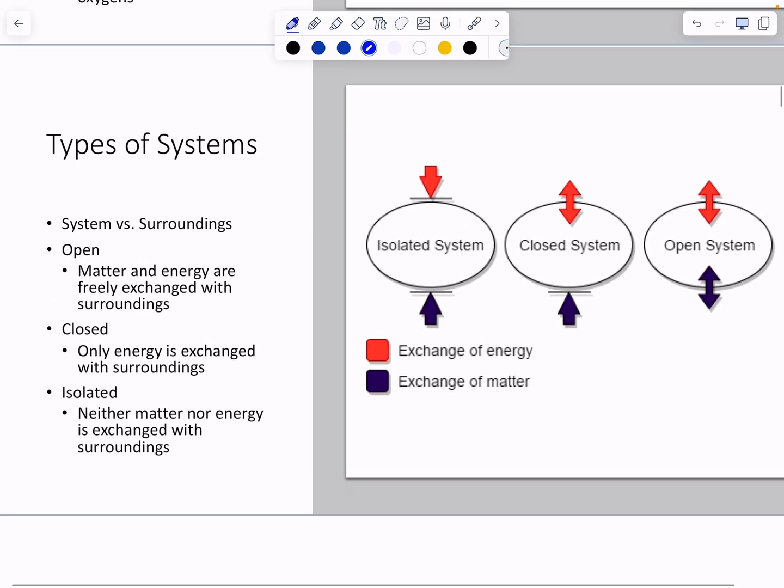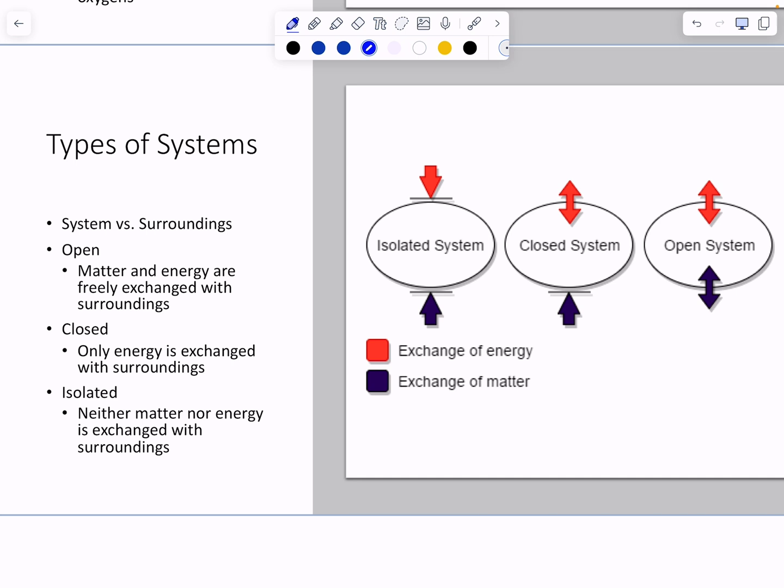So whenever we talk about energetics in a physical chemical context, we have to define what we're talking about. If we want to talk about is energy coming in or going out, you have to think about, well, am I just looking in the room? Am I looking in the building? Am I looking at the globe as a whole? So we define systems versus surroundings.